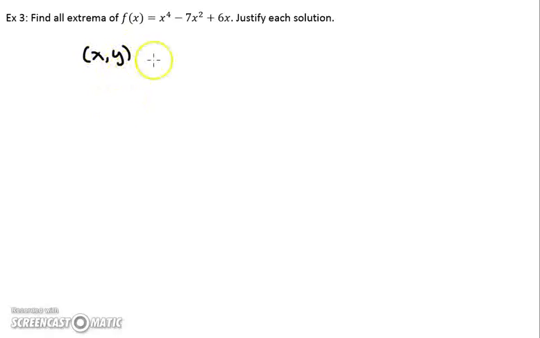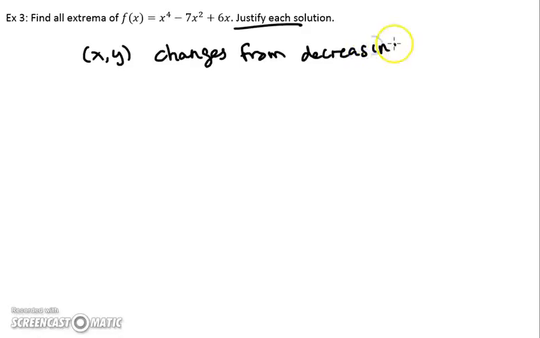It's whatever we just talked about. Then our justification is that the function changes from decreasing to increasing. The other two are up to you, and I'm going to stop the video right here. We'll see you in the next one.